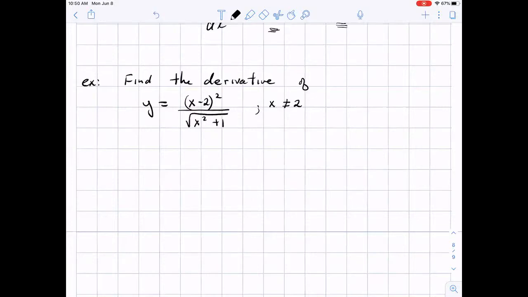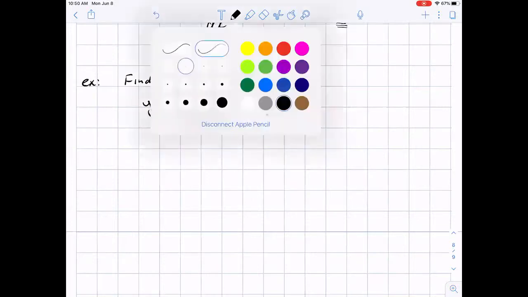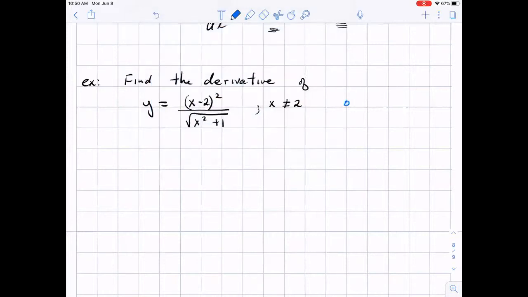And what do I mean by that? You have two options: you could use the quotient rule, or you could use logarithmic differentiation.